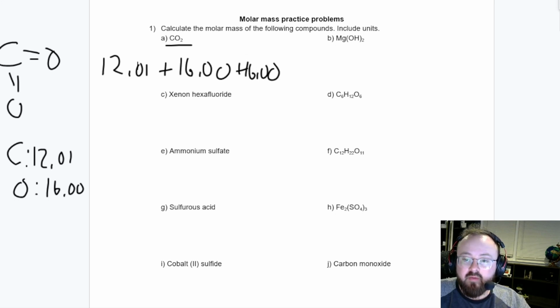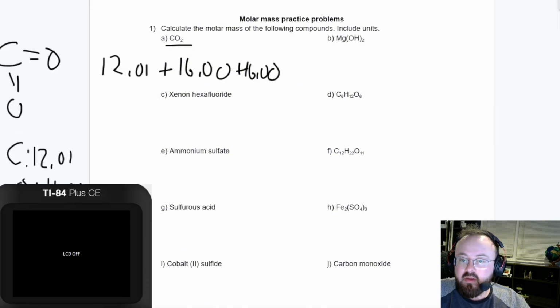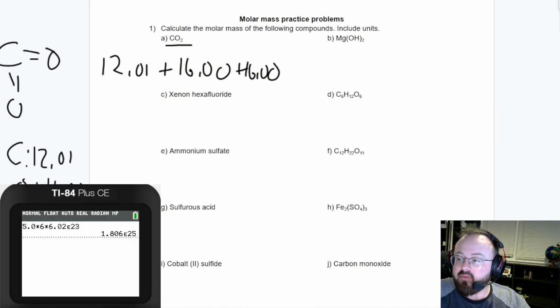So if we bring up our calculator, which we don't need a crazy calculator for this one, 12.01 plus 16.00 plus 16.00.